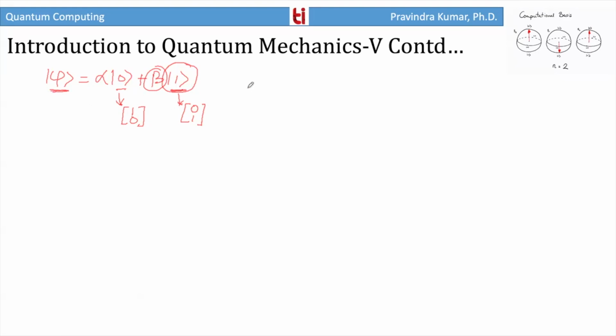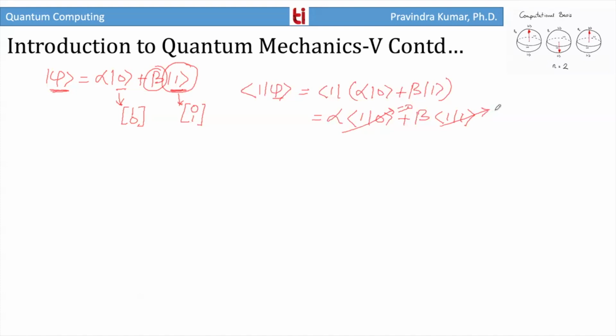So the inner product in bracket notation is <1|psi>, and psi is alpha |0> plus beta |1>. Here I can write alpha times the inner product <1|0> plus beta times the inner product <1|1>. The quantum bases are orthonormal, so <1|0> is equal to 0, and the inner product <1|1> is equal to 1.